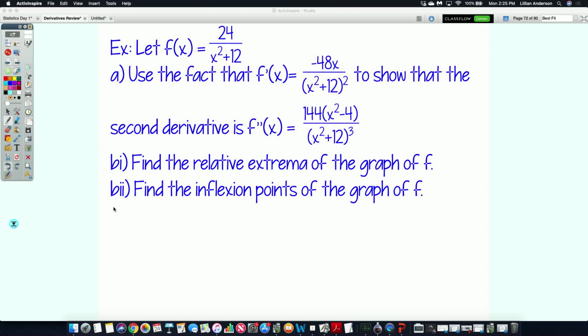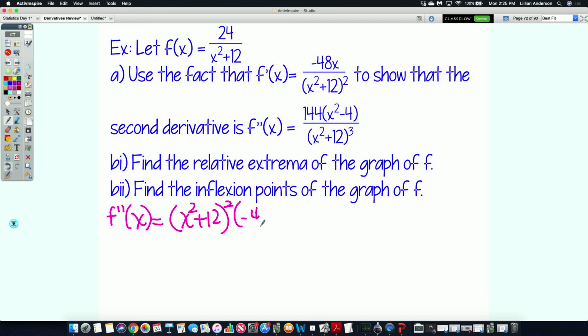So to find the second derivative, which is what it's asking you to do, you have to do the quotient rule for your first derivative. So that's low d high, which is a negative 48, minus your high, which is another negative 48x, d low. The derivative of your bottom is the chain rule. So, remember this is nothing but x squared as your outside function.